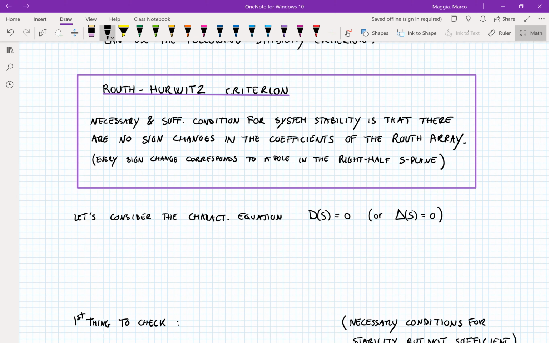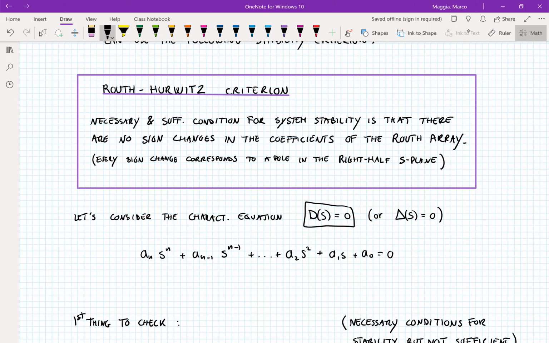All you need to do is to consider the characteristic equation, that is, our d of s equals 0, and we can write it down as our polynomial equation. So we have a_n times s to the power of n plus a_(n-1) times s to the power of n minus 1 plus ... a_2 s squared plus a_1 s plus a_0 equals 0.